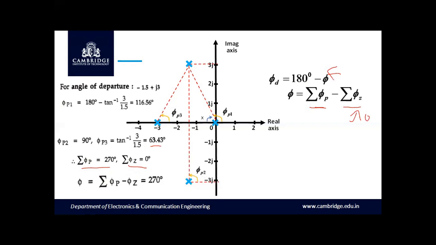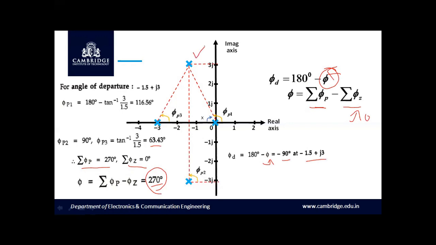Hence phi is equal to summation phi P minus summation phi Z, that is 270 degree. Now we substitute 270 degree in this equation. Hence phi D is equal to 180 degree minus phi, where phi is 270 degree. So 180 minus 270, I get minus 90 degree at minus 1.5 plus 3j.